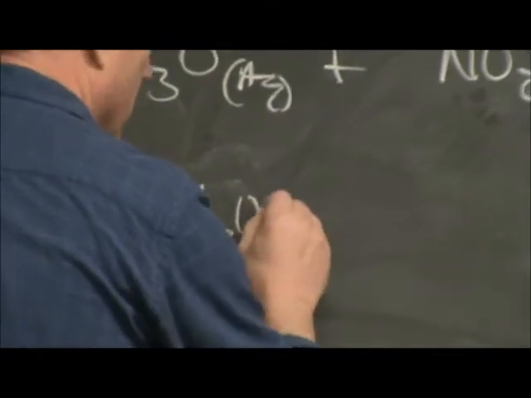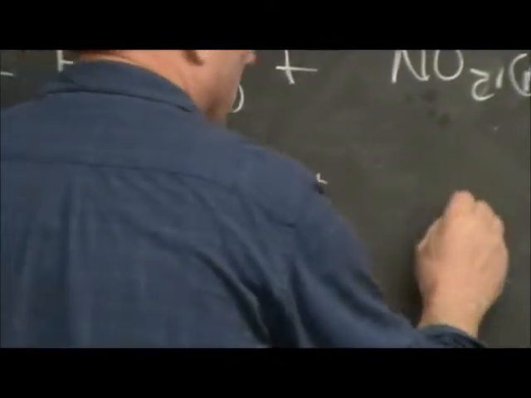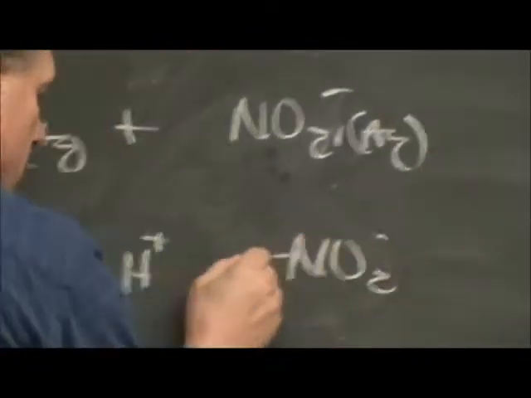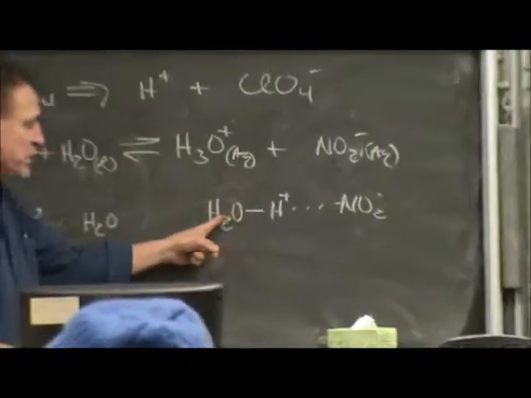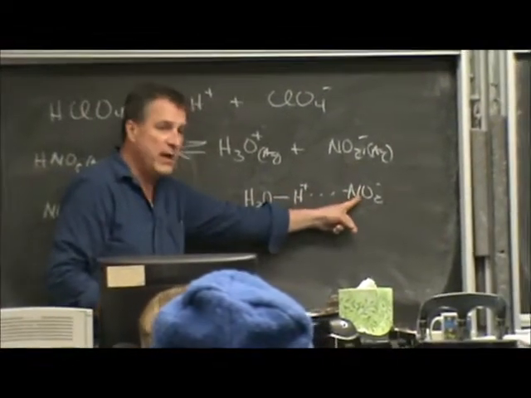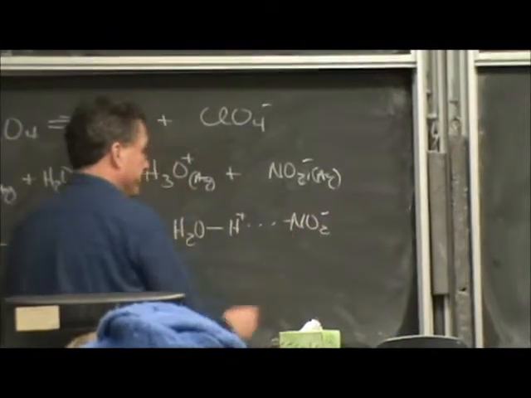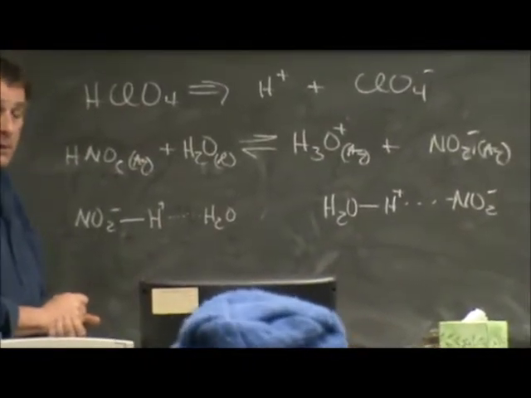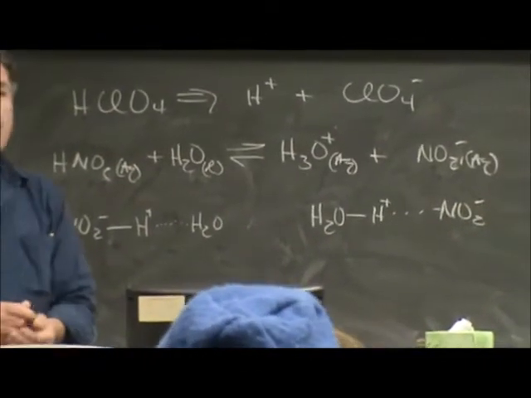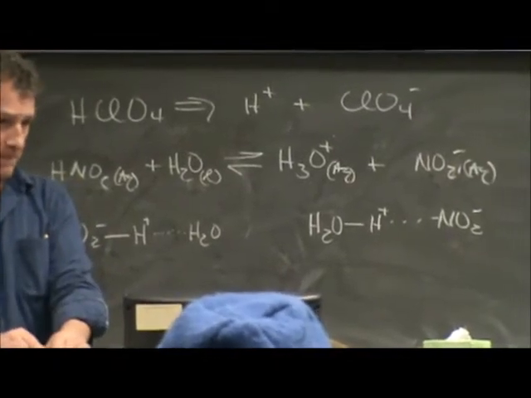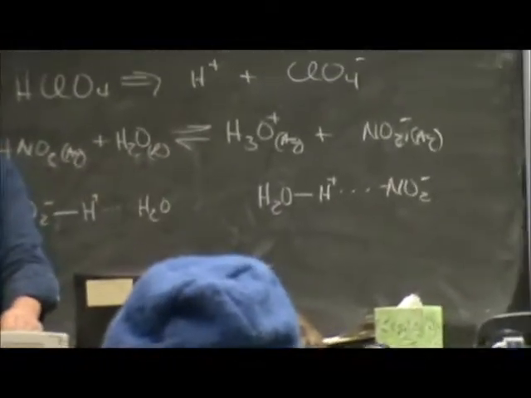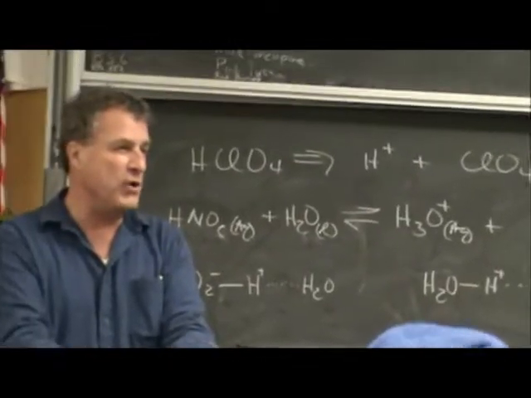Over here, the hydrogen is attached to the water molecule and the nitrite ion is trying to take it away. Who should win the tug of war more of the time? The nitrite ion.